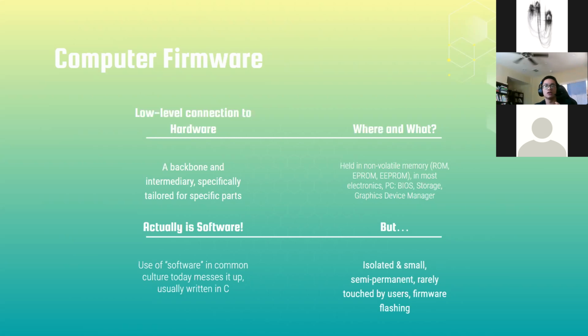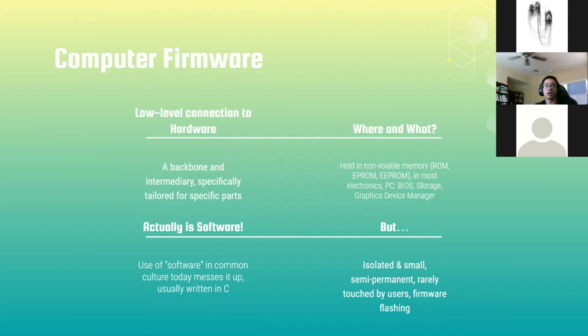Firmware is considered software, but it's just a bunch of data about how you connect to a hardware device, and it configures how the hardware device works and how you can communicate with it.